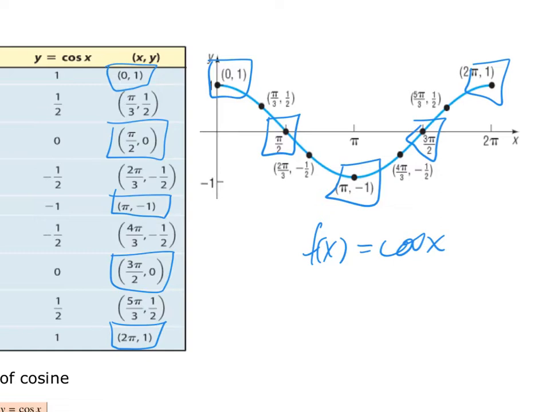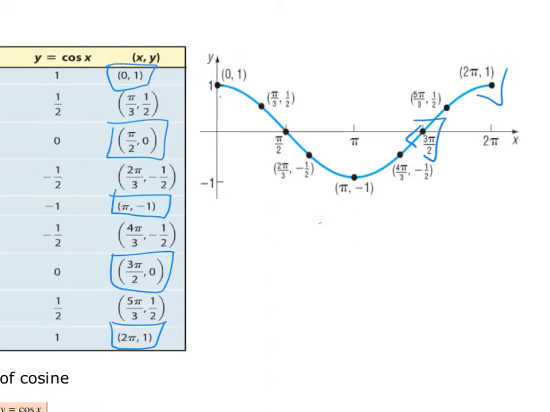So, since we're talking about that anyways, let's discuss the quadrants. What is my first quadrant?